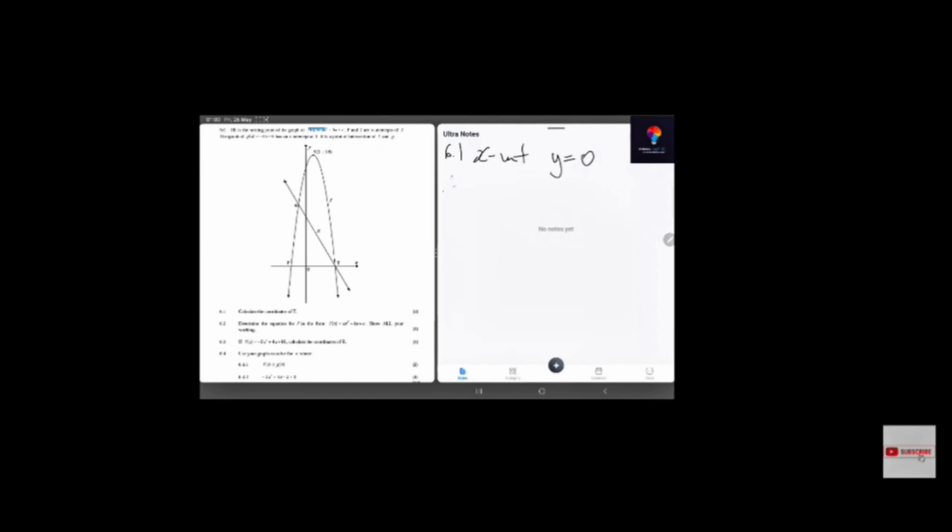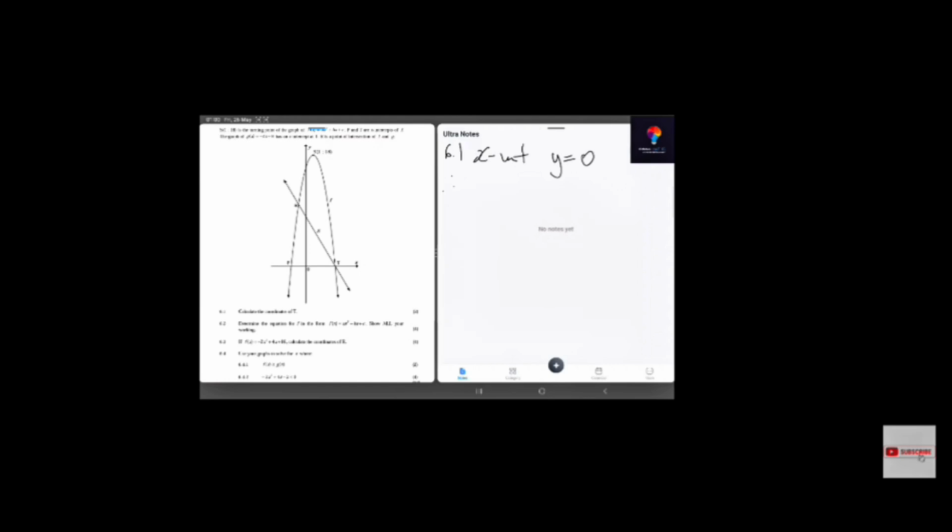Therefore, since g of x is having the values, or the equation, not like the parabola, which we don't know what is the equation, we're gonna use the g of x, which is the straight line.